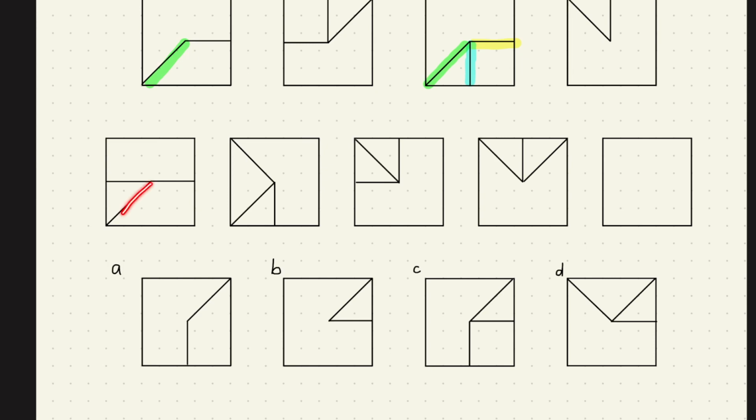If I look at this line here, maybe it could move here. Maybe it could move here. I'll leave that one for now. This one here, once again, could move here, or it could move there. It could be this one, or this one. Interesting. And this line here, I have a suspicion that it's moving down here, and then here, and then here.